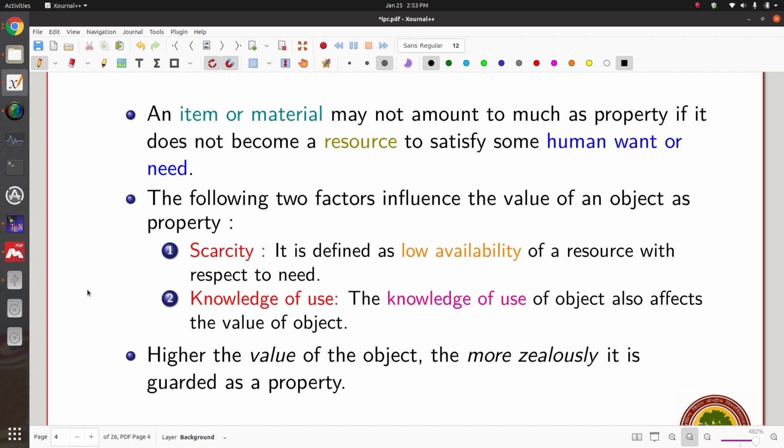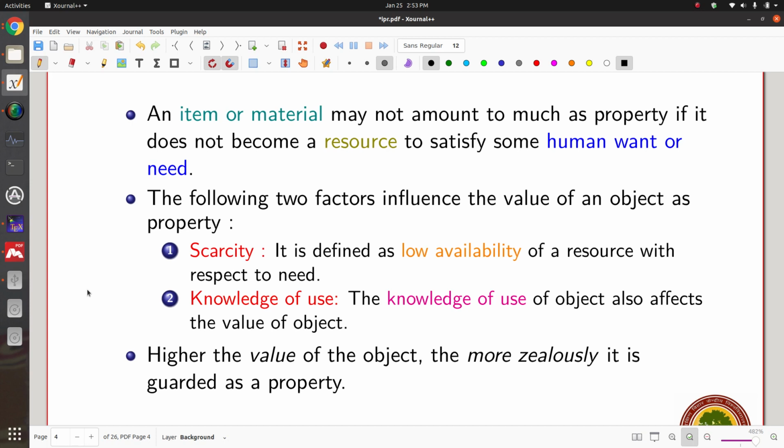For example, sometimes you see that onion prices rise. Why? Its availability becomes low and its need remains higher, so scarcity is created. Sometimes scarcity is created artificially, and sometimes it happens naturally.